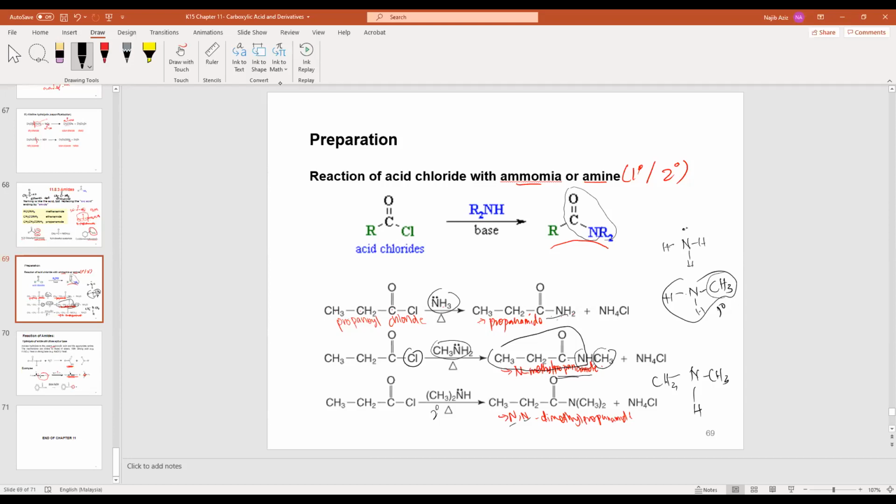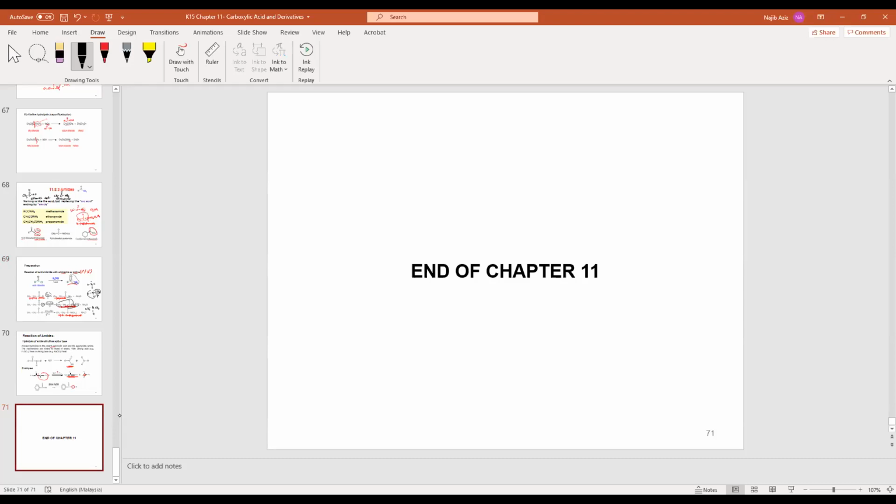Okay, for the amine part, let's say I draw an example here. You have C double bond O, CH3, Cl, plus N, CH2, CH3, H, CH3.